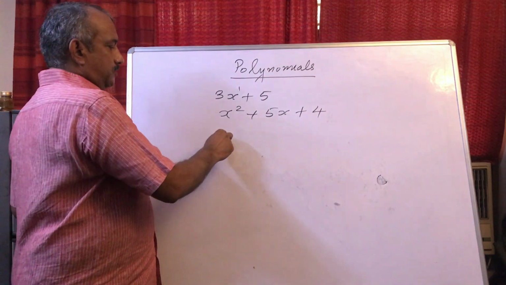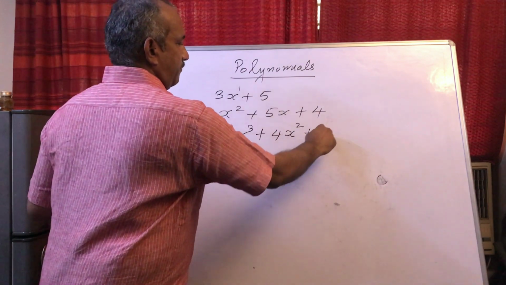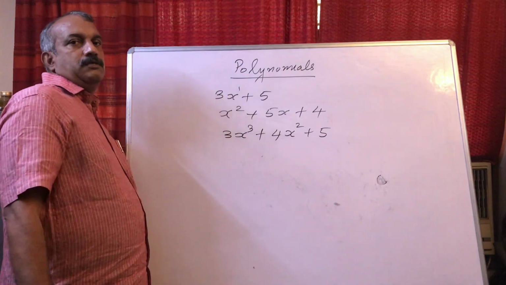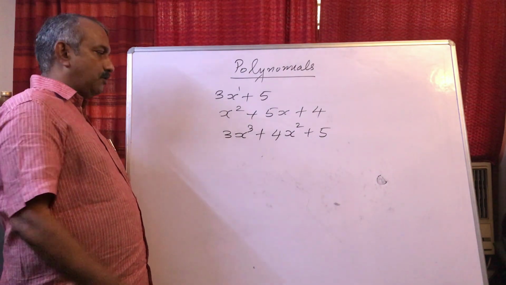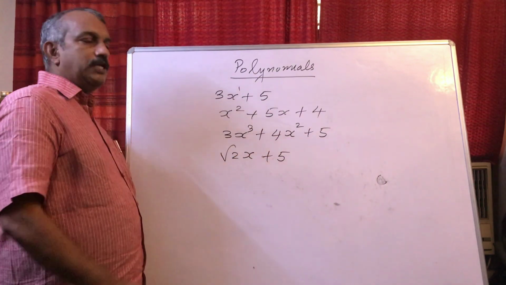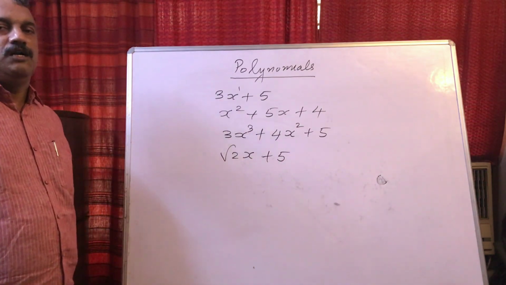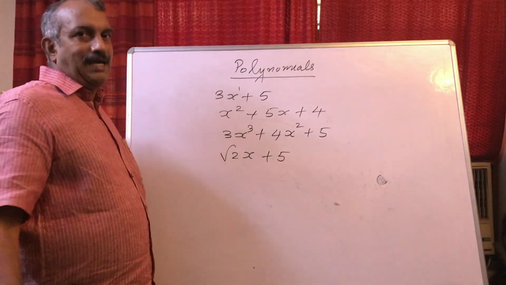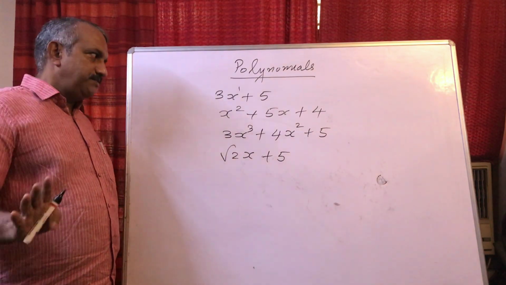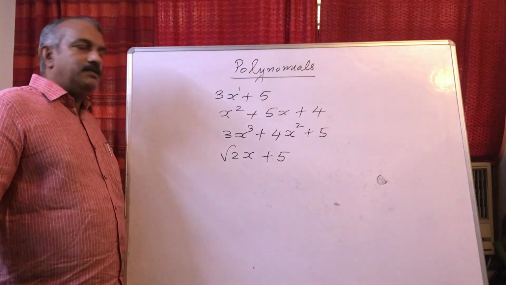Then 3x cube plus 4x square plus 5 is a polynomial. Powers of the variables are positive integers or 0. See, even root 2x plus 5 is a polynomial because again the power of the variable is 1 or 0 only. So an algebraic expression is a polynomial if the powers of the variables are 0 or any positive integer.